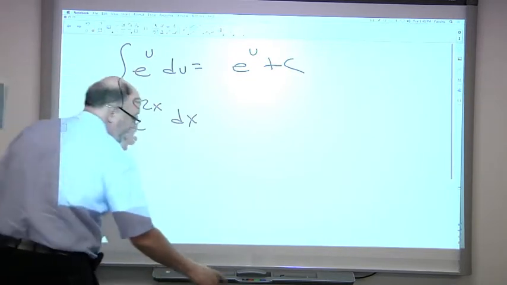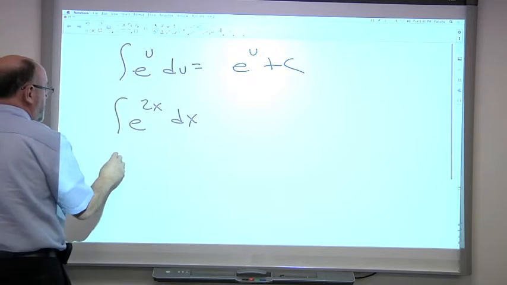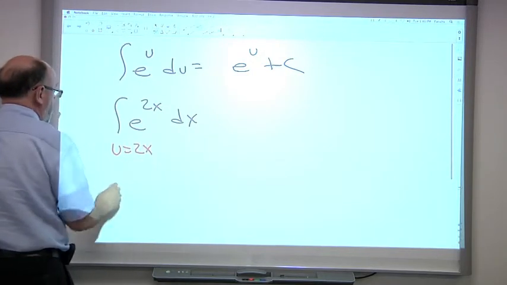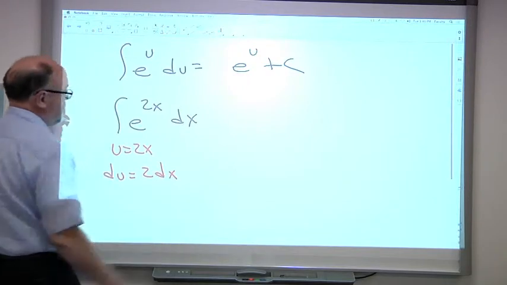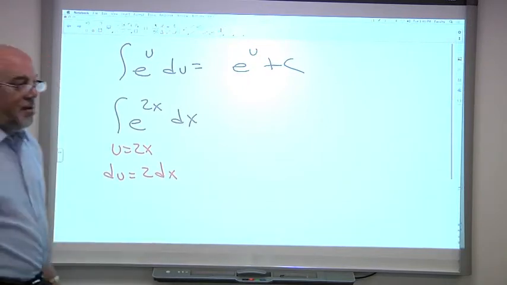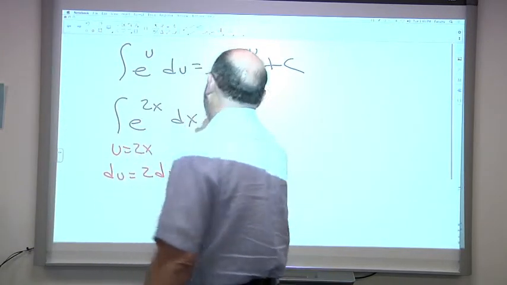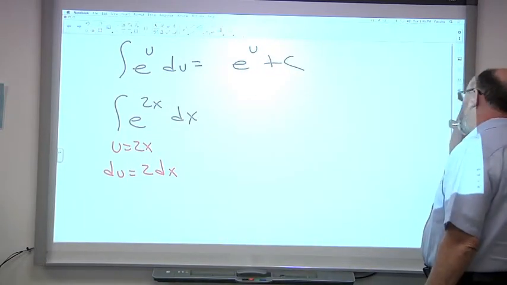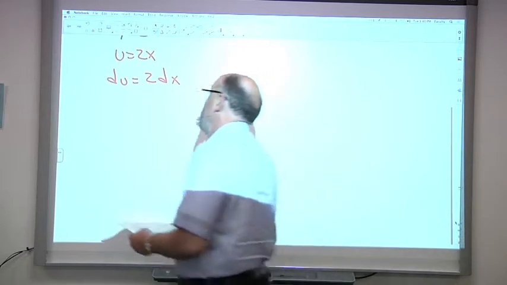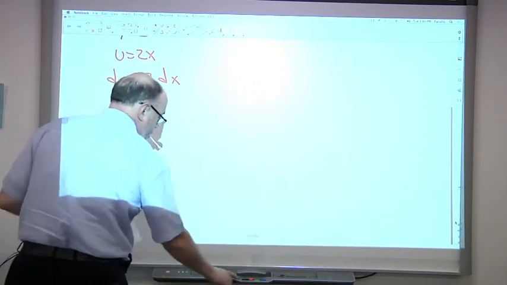And if I say that u is 2x, du will be 2 dx. So in our problem, we only have 1 dx. Du was 2 dx. So again, there'll be a factor. And that factor will be 1/2.